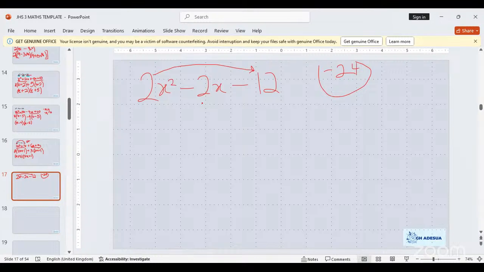So negative 6 times positive 4 is negative 24, right? And then negative 6 plus 4 is negative 2. Is that okay? I'm sure you are facing a connectivity challenge.